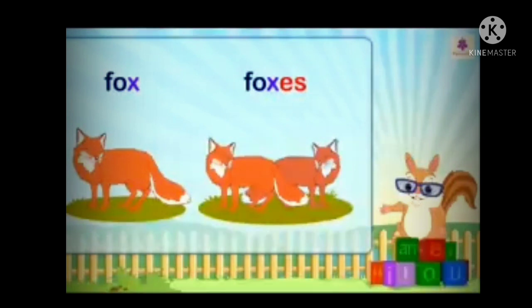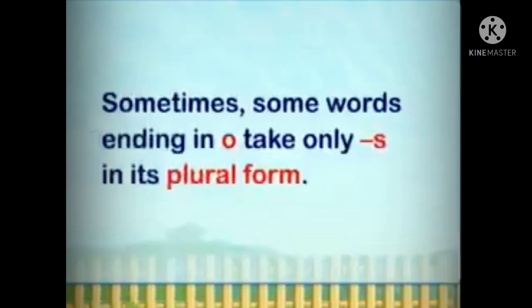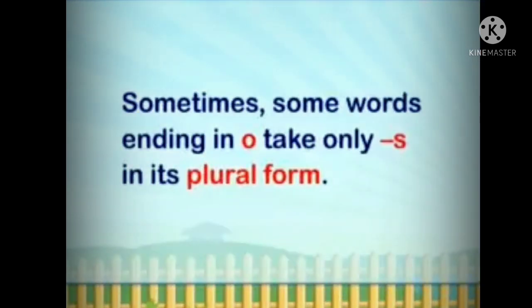It ends with x, so we add es to make the plural form, foxes. Similarly, boxes. So for all nouns ending with ch, sh, s, double s, o, x or z, to get the plural form, what do we add? We add es.